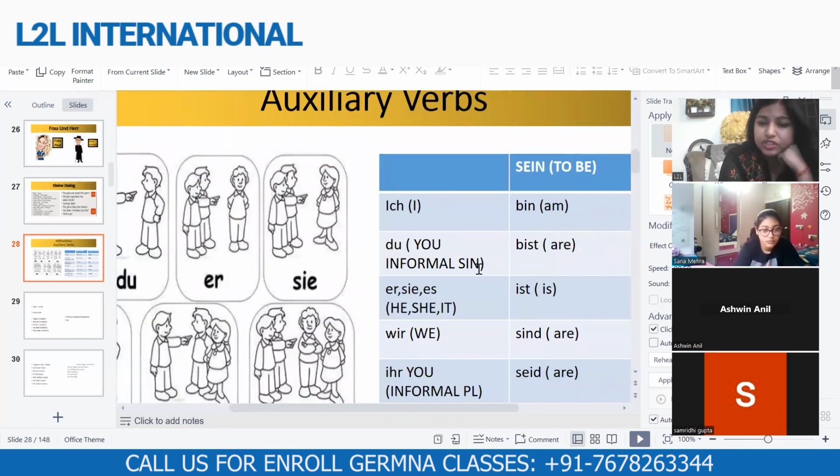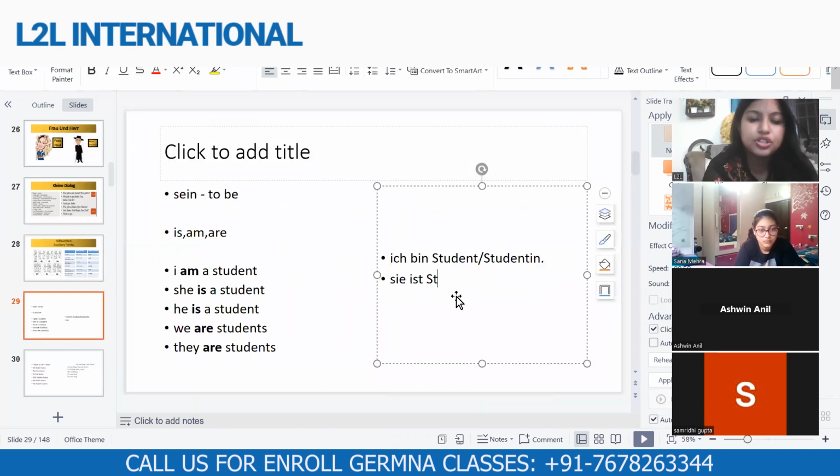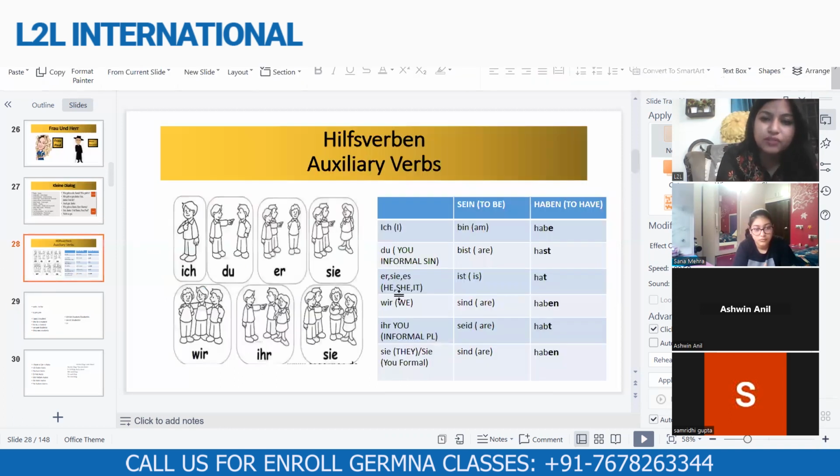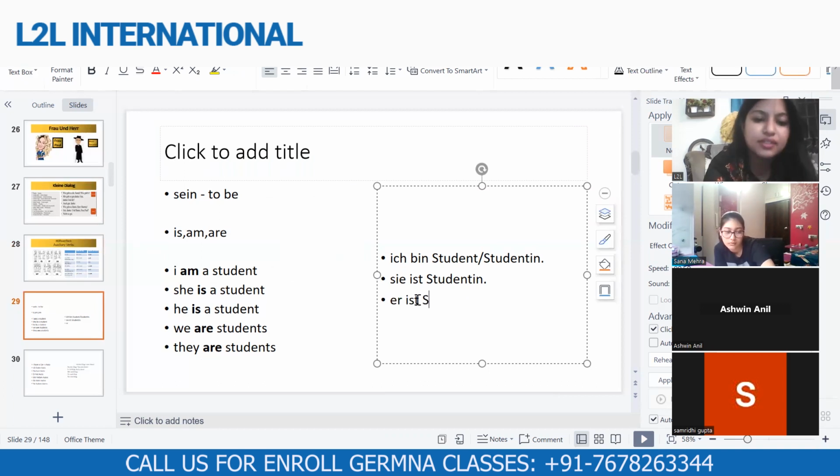So the verb that is changing is ist. So we will put it here as sie ist Studentin. Now for he, what is the subject for he in German? Er. And what is the verb we're going to use for he? Ist. Very good. Er ist Student, because he is a male, so we won't use Studentin.